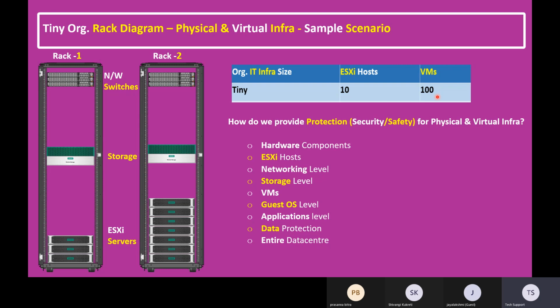So 50 Windows and 50 Linux. If your project is a very new project, the customer prefers to choose the latest operating system. So the latest Windows operating system is Windows 22, and the latest Linux operating system is Red Hat 8.6, the Red Hat 8 series.